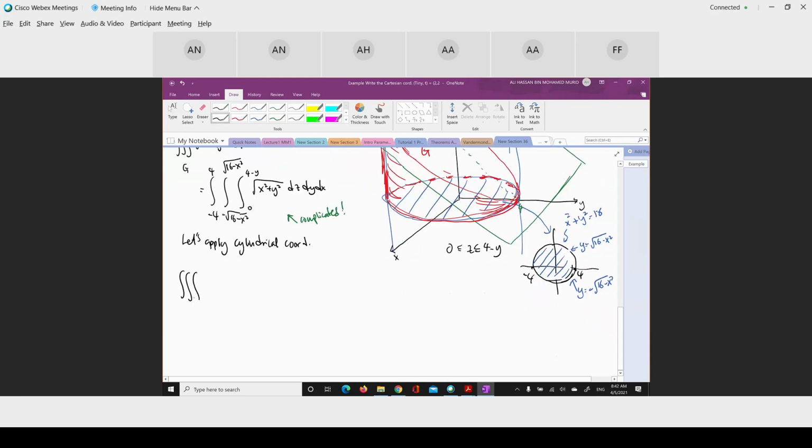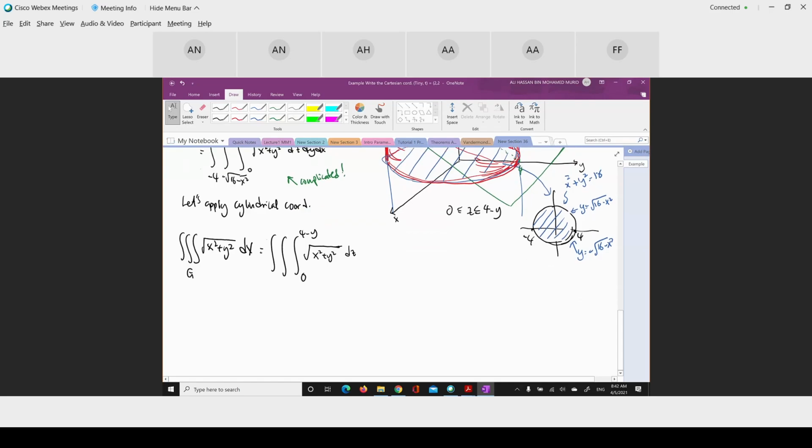So consider again the given triple integral. How does the integral look now? z is between 0 and 4 minus y again. We have x squared plus y squared dz, and then r dr d theta.